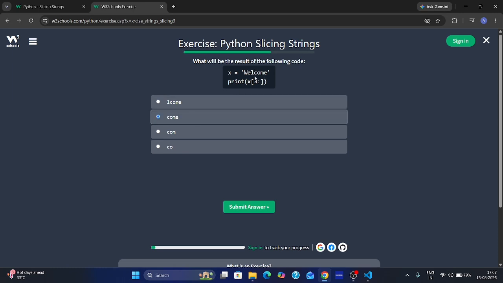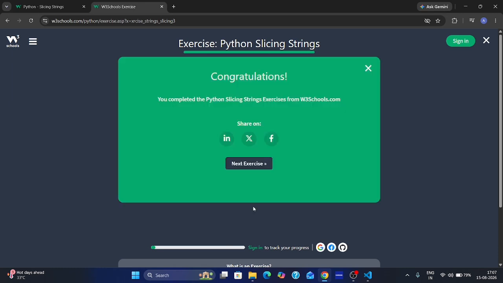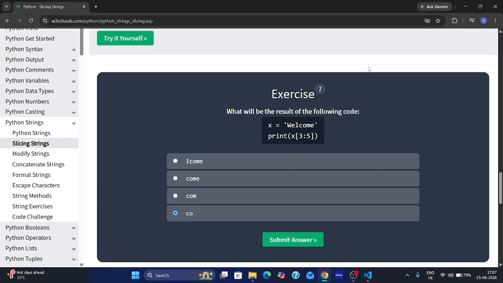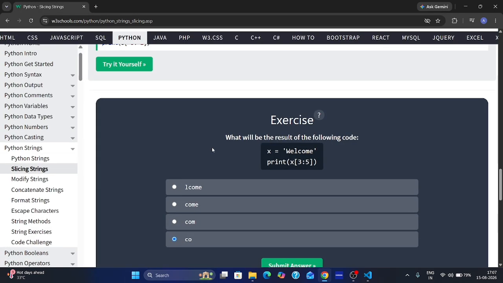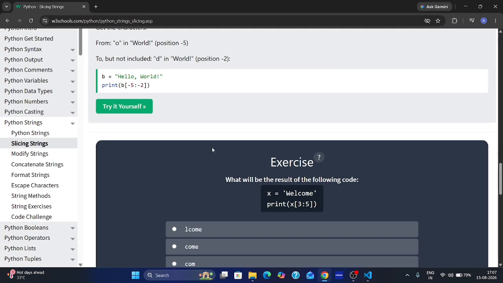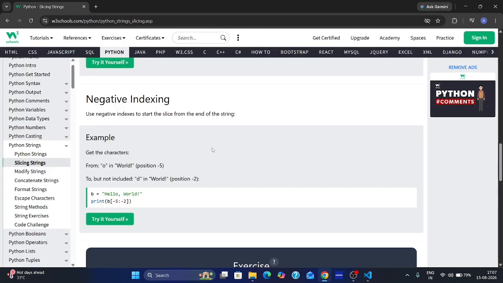Okay, got it? W is 0, E is 1, L is 2. So the remaining is our answer, because 3 is written here. So we have covered the exercise of this also.